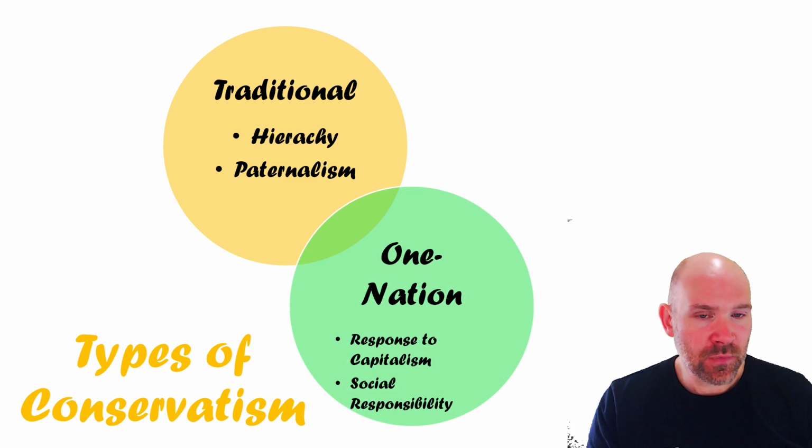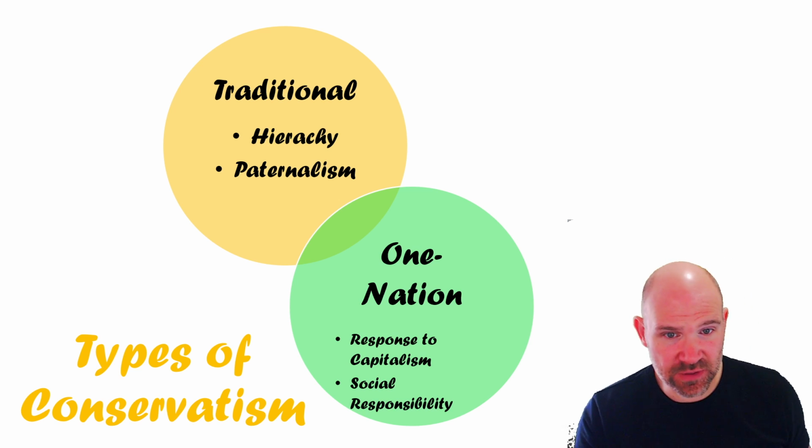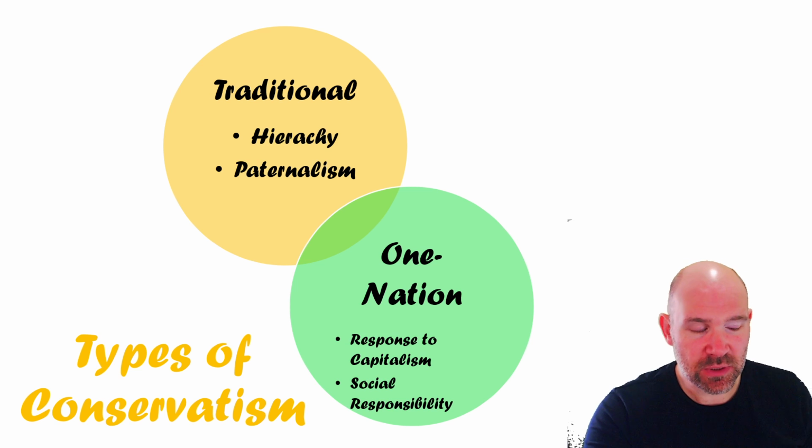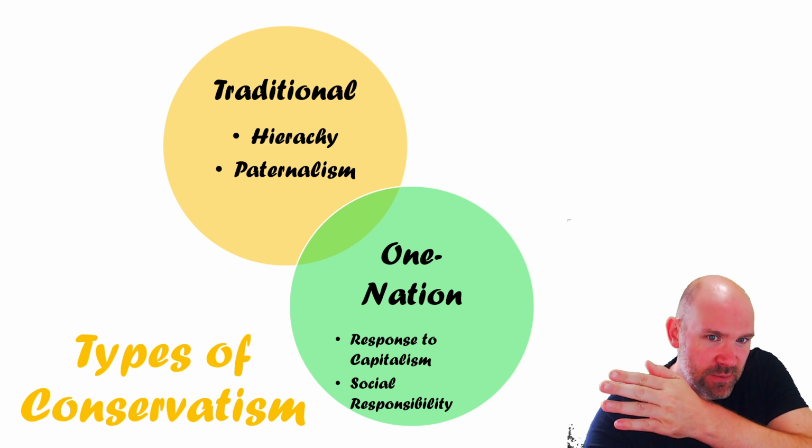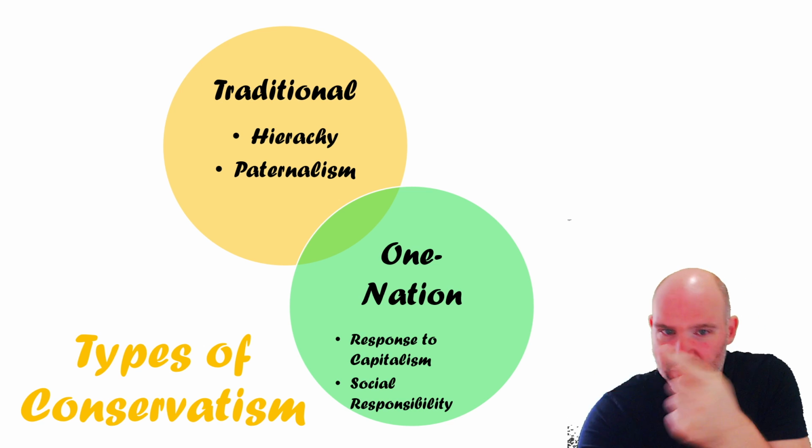Then we get the development of traditional conservatism into something called one nation conservatism. And in our next video, we're going to be looking at a man called Benjamin Disraeli, who was prime minister in the 1800s and Victorian period. And one nation conservatism brings conservatism a little bit more to the left that way.